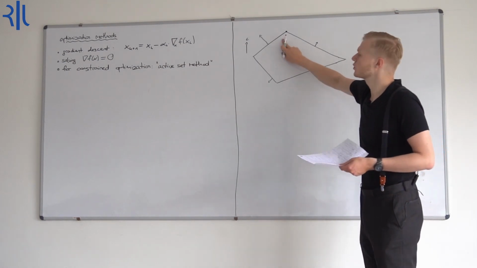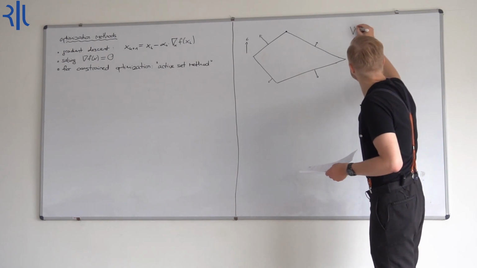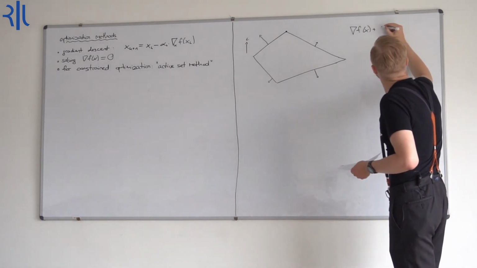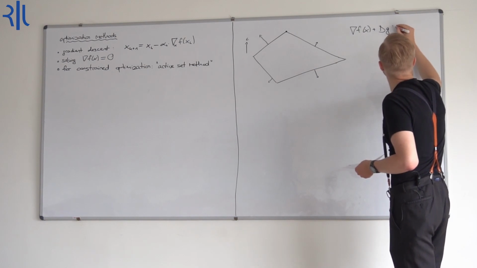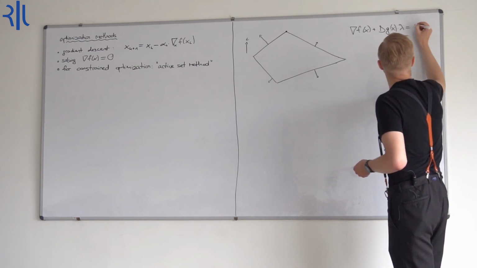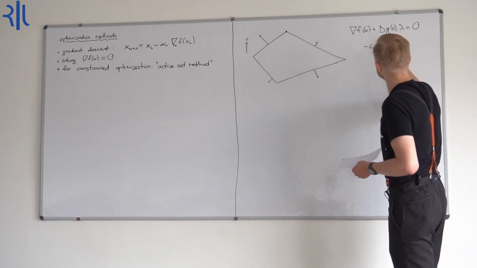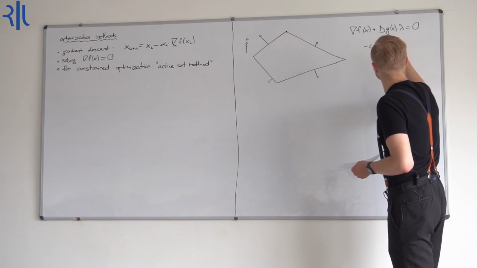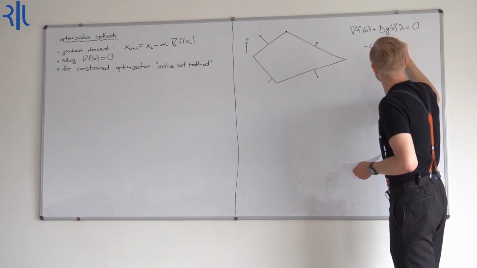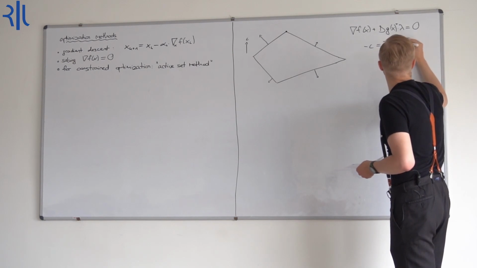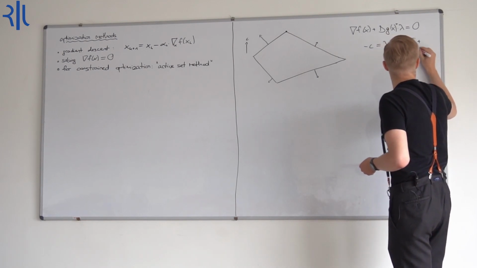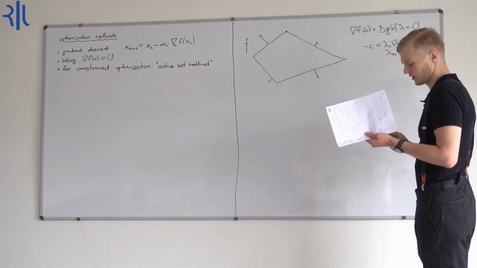So the way to find out if we now could let go of one of those walls is by using this equation: nabla f of x, the gradient, plus the derivative of g times lambda must be 0, or that means in our case minus c is equal to this linear equation.